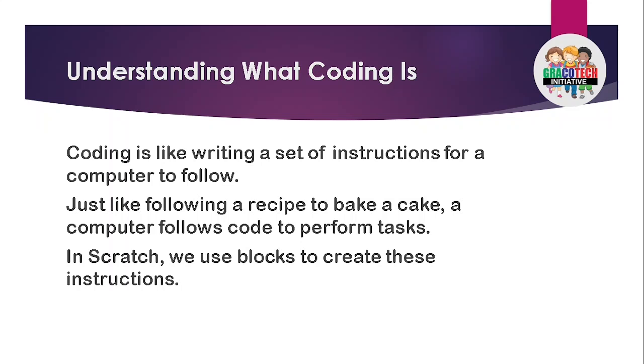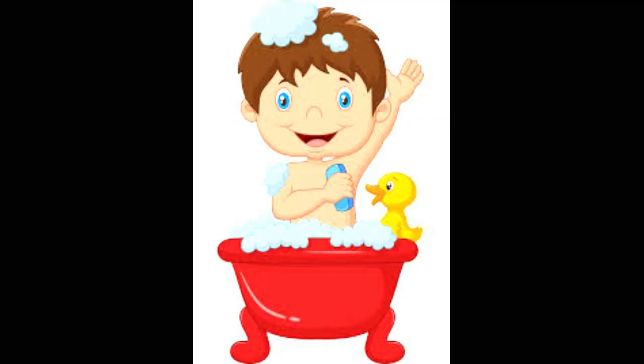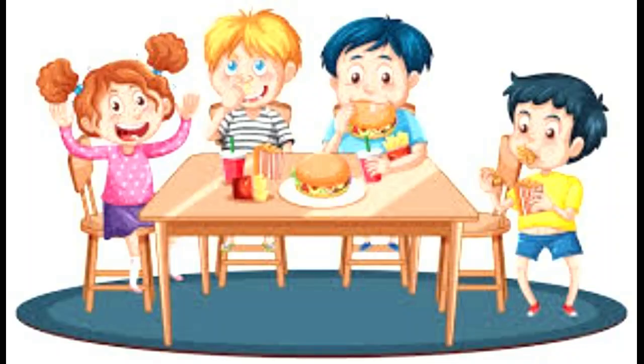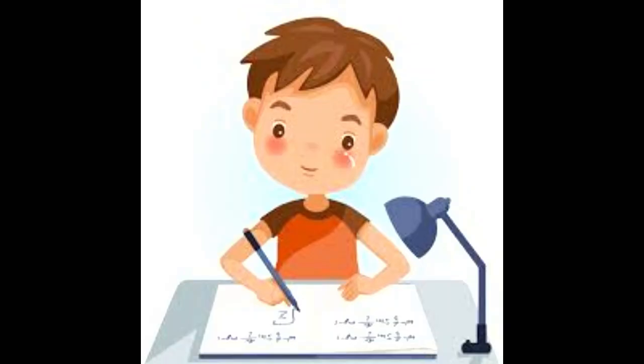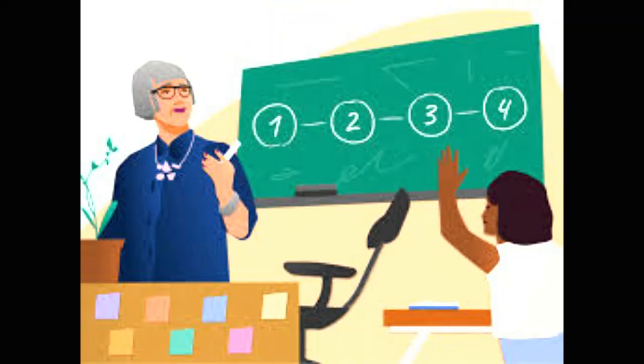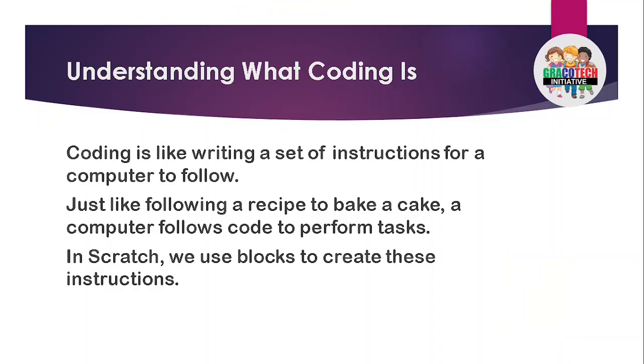It can be a series of instructions, meaning that you are given more than one instruction. When you come back from school, the first thing you do is to have a bath, have lunch, and do your homework. So these are a set of instructions which you must follow when you come back from school.